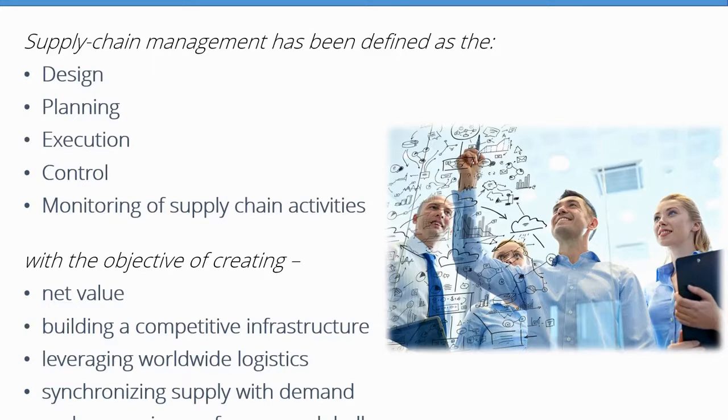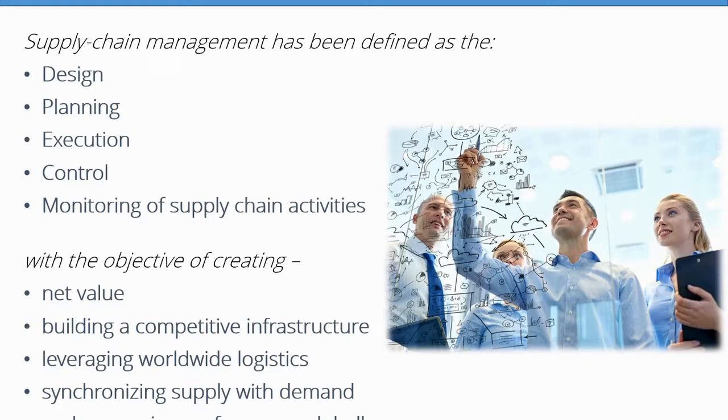We recently had some storms that came through Texas last year, and that impacted the supply chain. When you have an infrastructure in place, you're able to weather that a little bit better. Worldwide logistics, if you're a global company, you want to be in those markets where you have the advantage, both with your suppliers and your customers, to be quick to market.